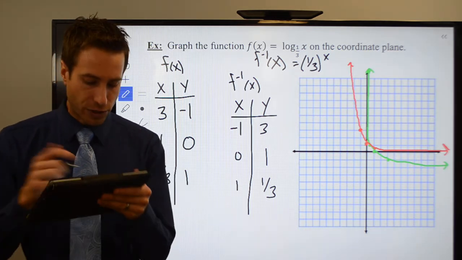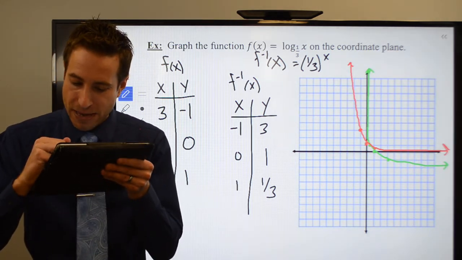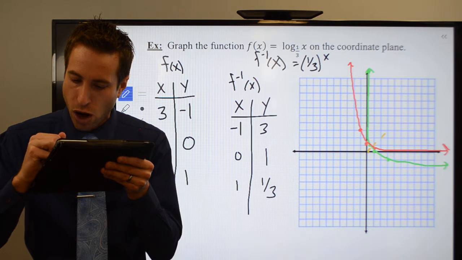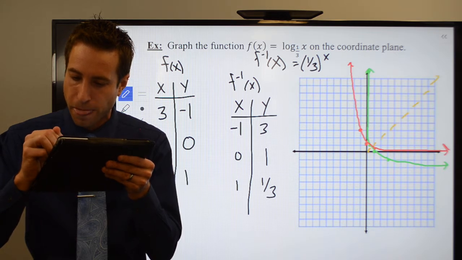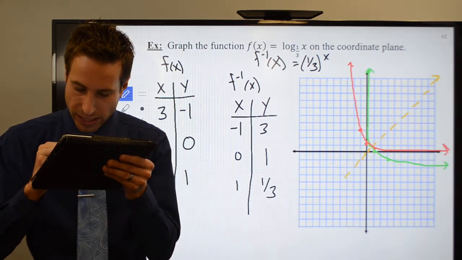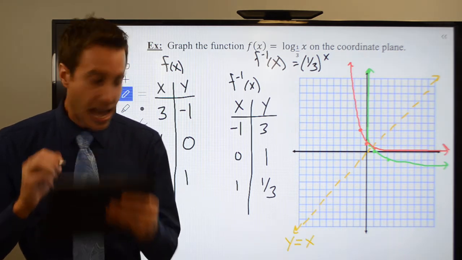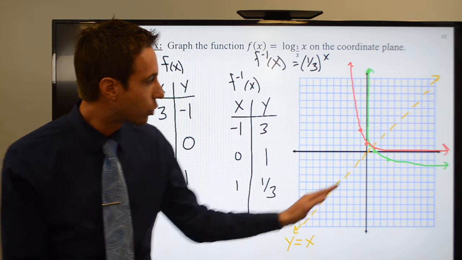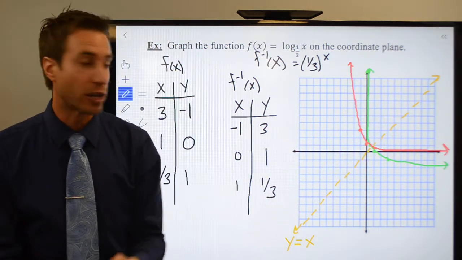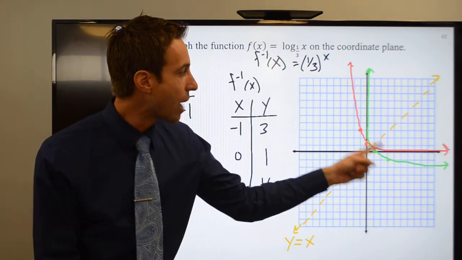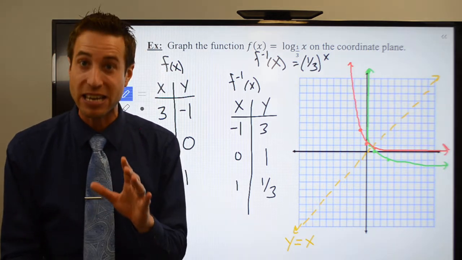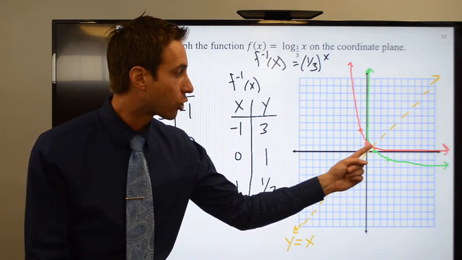They should be inverse functions, which means they should be mirror images of each other across the identity function, which is the line y equals x. And if you take a look at that guy, you'll quickly see that yes, the red and green lines are mirror images of each other across that line.